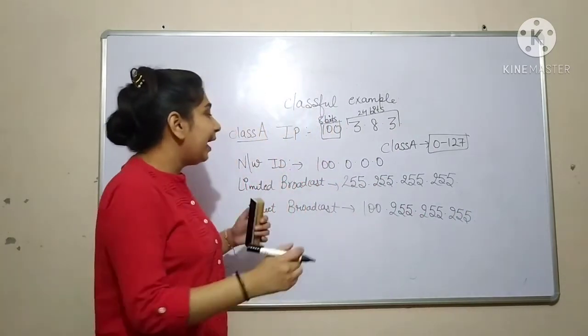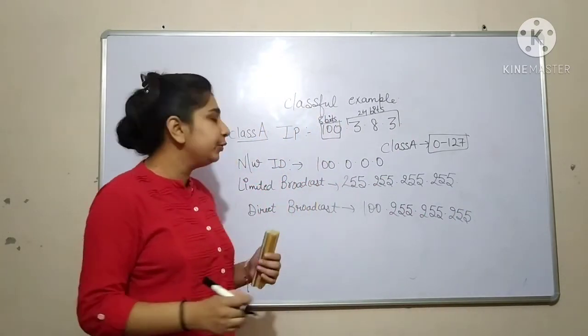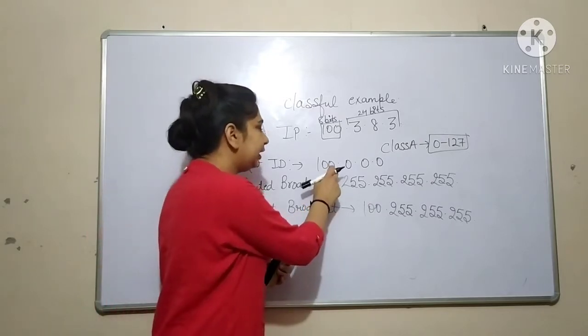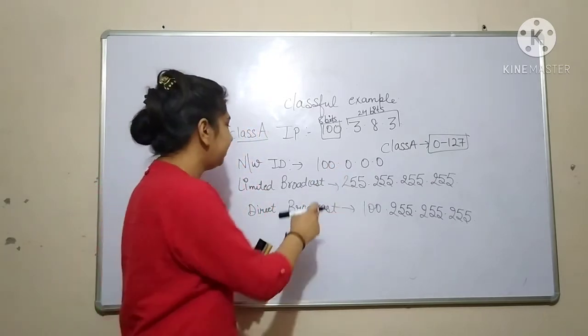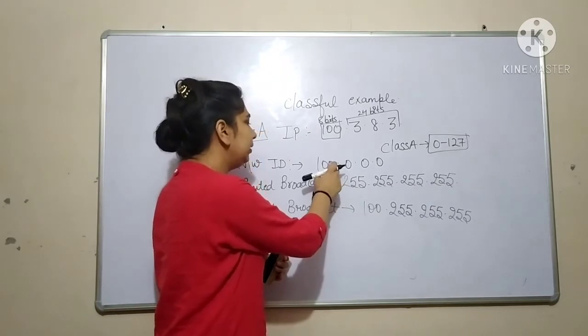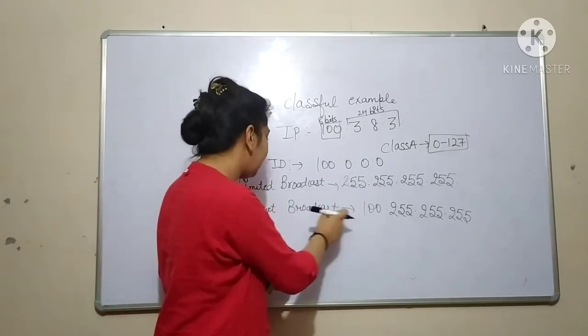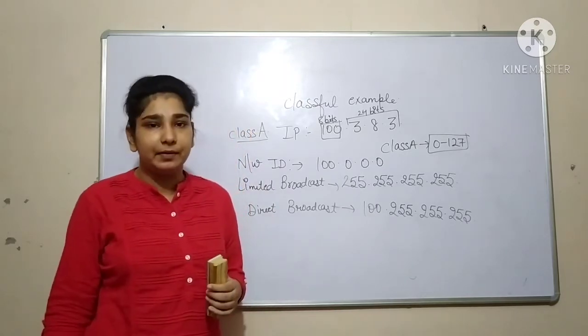Okay, so I already told you that if you are given any network, the first IP address is basically called network ID, the last IP address is called direct broadcast address.